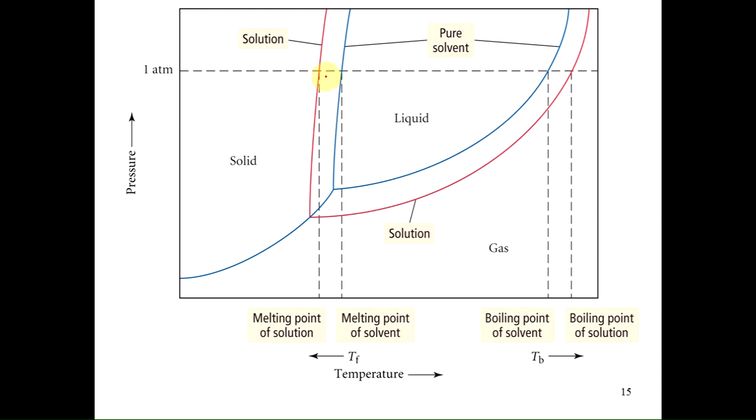So notice that going from the liquid to the solid phase, so melting, it's melting sooner. So this is an increase in temperature. If we have a solution, that's going to melt sooner, so it's going to lower the freezing point. And if we go from the liquid phase to the gas phase, we're basically evaporating something.